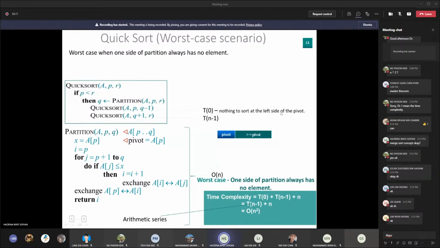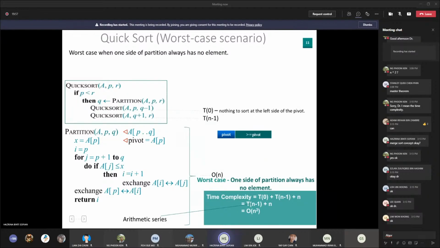There's nothing to sort at the left of the pivot. And for the right, everything inside here needs to be sorted, T(n minus 1), because we exclude the pivot. So when we calculate this, T(n minus 1) plus n, we can use any of the three methods to calculate time complexity for recursion, then we get order of n squared. So this would be the worst case.